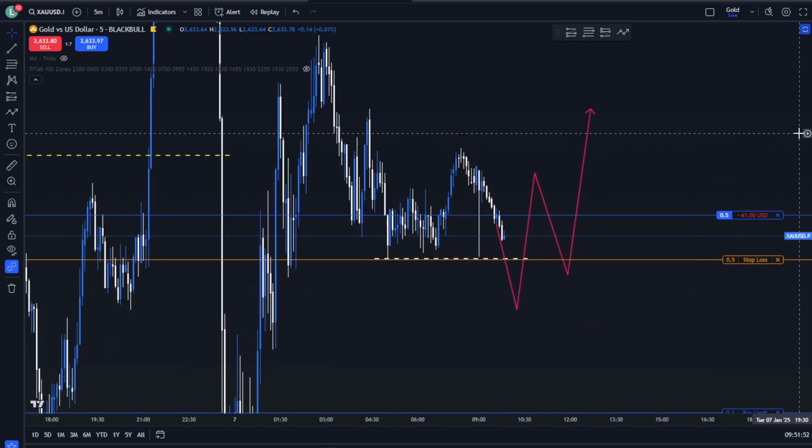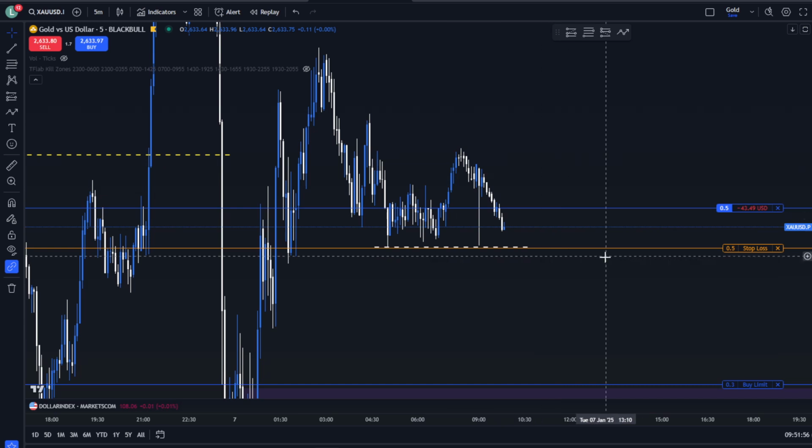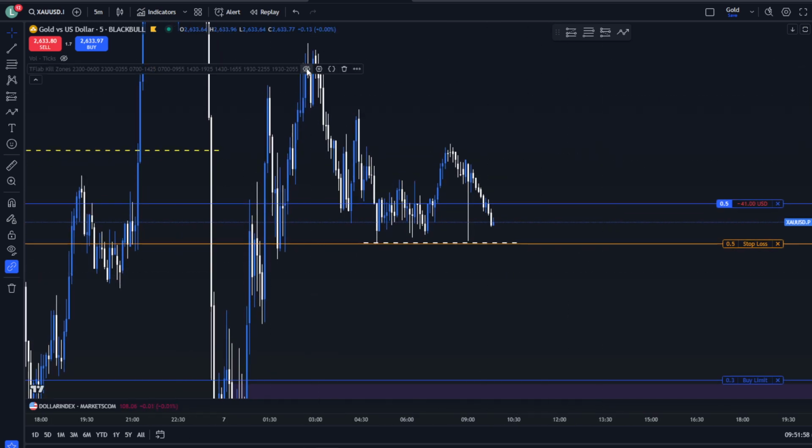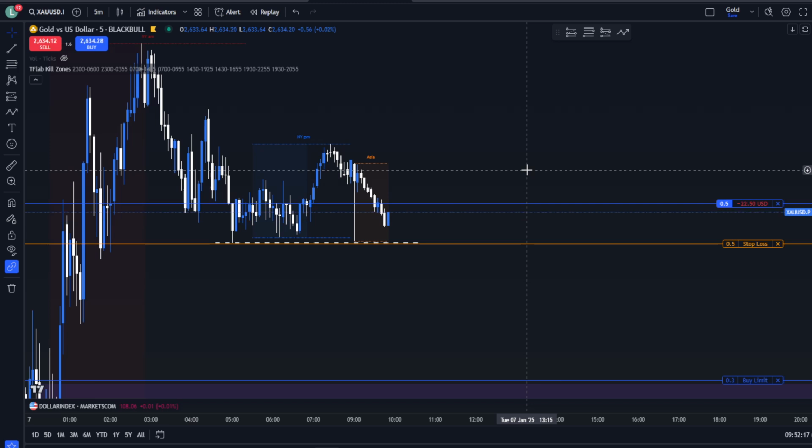But very strong possibility, looking at how this is playing out, that we might get a liquidity grab here, and then back up it goes. So I'm going to have to keep an eye out for some more optimal trade entries, and maybe get some confluence with order blocks, maybe some fair value gaps to increase confidence in the direction.